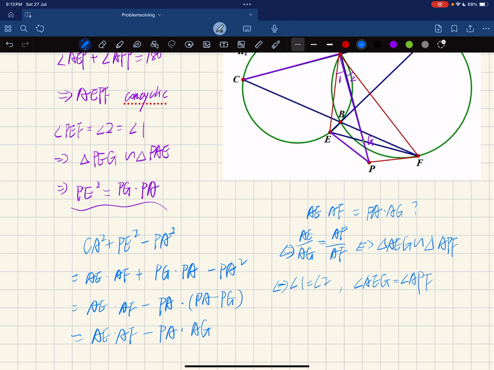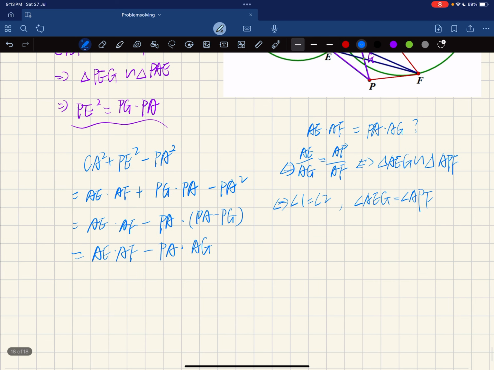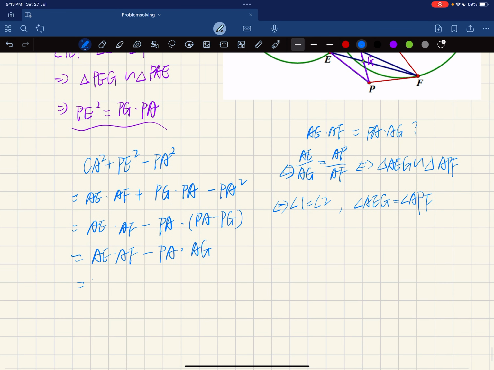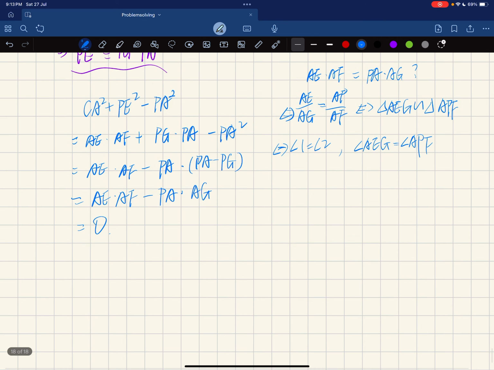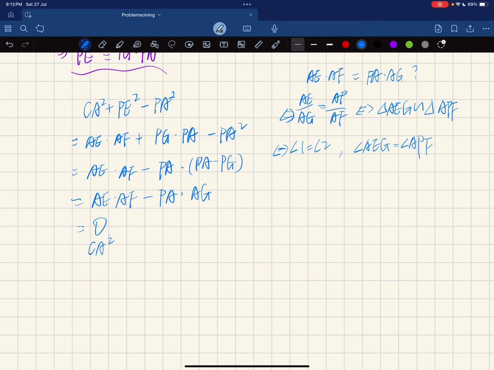So we finally get AE times AF equals to AP times AG. So this question comes to 0. So we have got CA square plus PE square equals to AP square. That's the end of the proof.